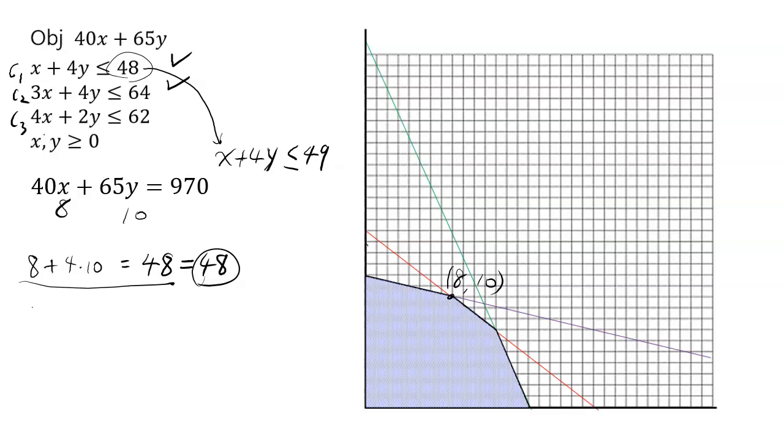What about this one? 4 times 8 plus 2 times 10, where 8 and 10 are the optimal solution, that's 32 plus 20, and that's equal to 52. That's strictly less than the right side, right? So in this case, this is not binding.